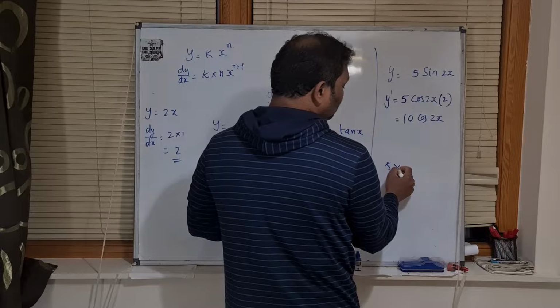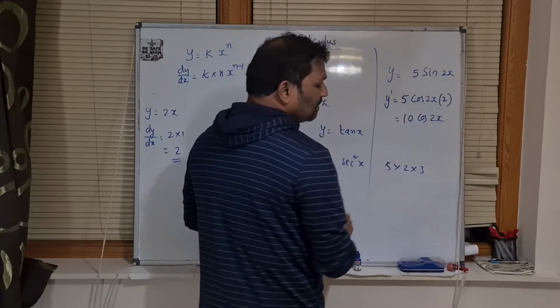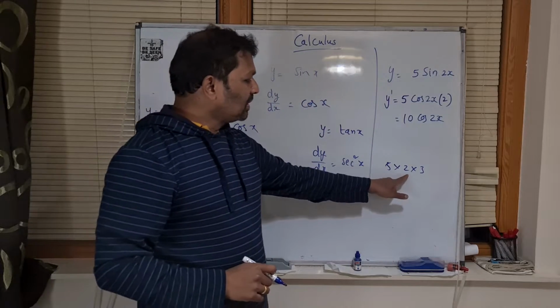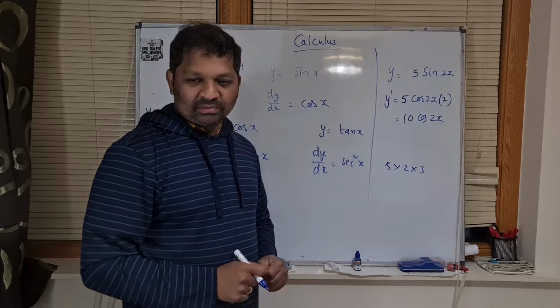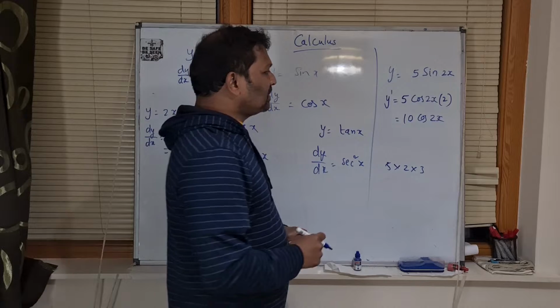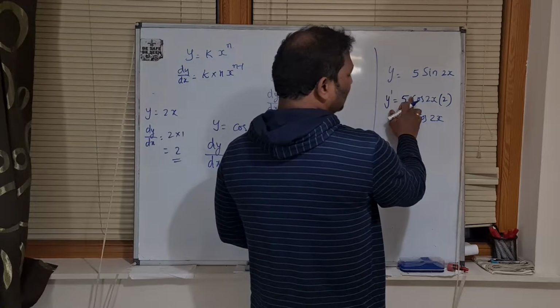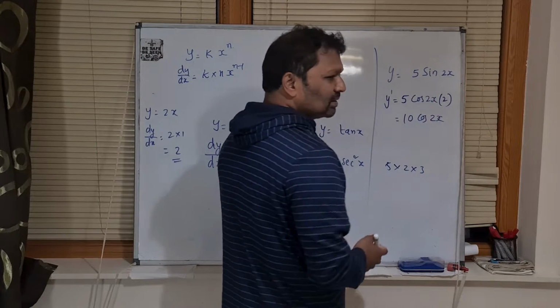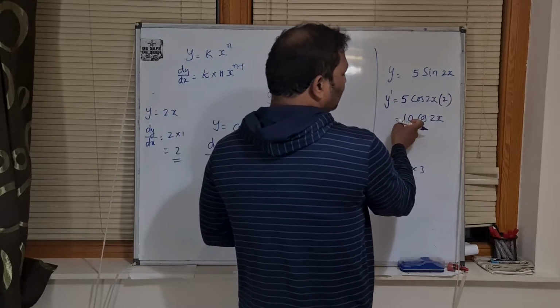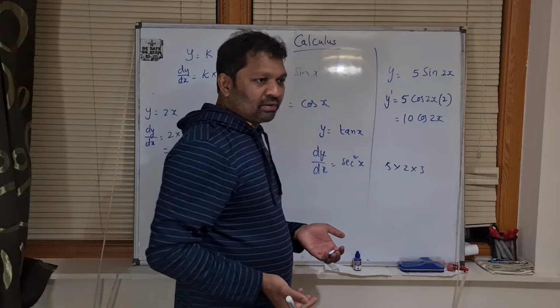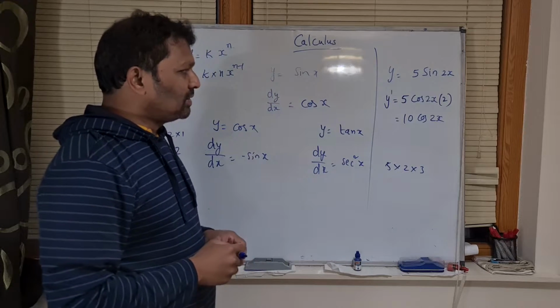See, 5 into 2 into 3: what is this 3 multiplying, the 2 or the 5? They are all getting multiplied. Same thing goes here. 5 is one thing, cos 2x is another thing, 2 is another thing. Whichever you can multiply, you multiply. 5 and 2 you can multiply and put 10, and leave cos 2x as it is because it is a trigonometric function. 5 and 2 are constants.